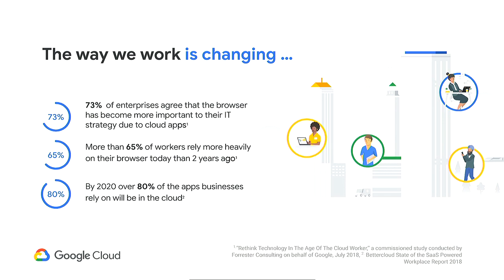So as more of this work gets done on the web today, it's very important to make the browser as easy as possible for your end users in an enterprise to use in your enterprise setting. And so that's why you want to be able to deploy things like presets that make it easy for your users to just open the browser and get their work done.